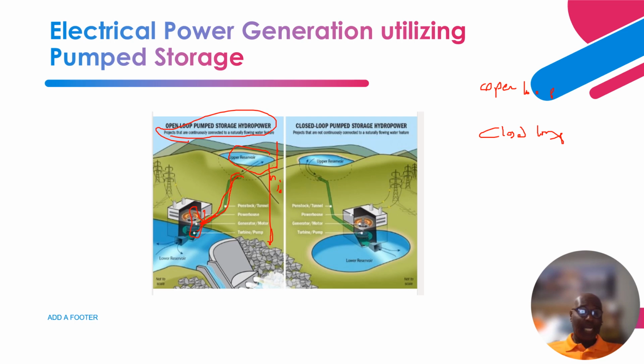The excitation system is fed to the winding of the generator rotor, and it builds the magnetic field.